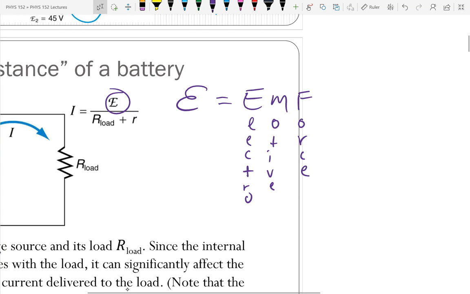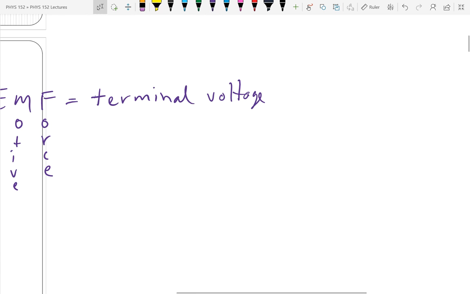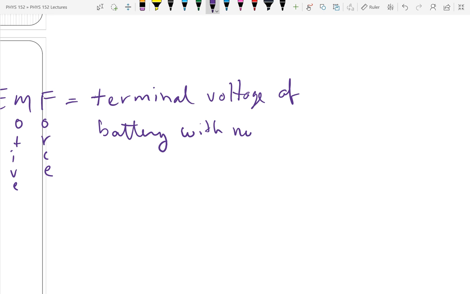And so the EMF now is an anachronistic term, like I said, that means terminal voltage of a battery with no load.